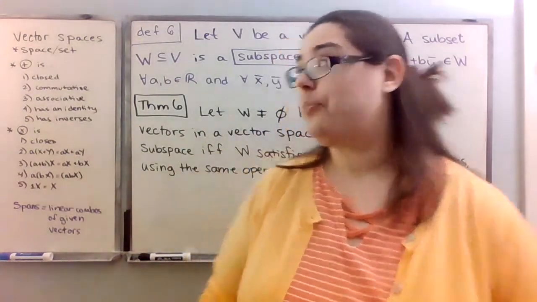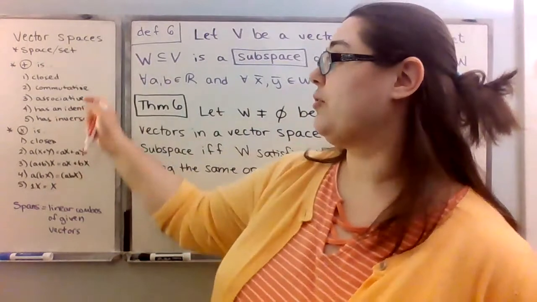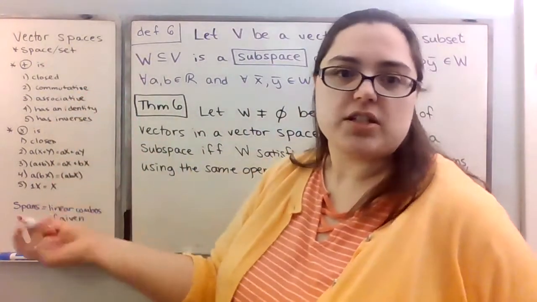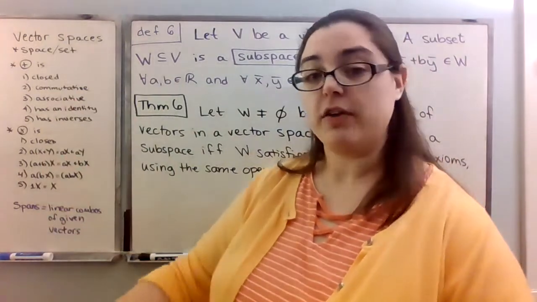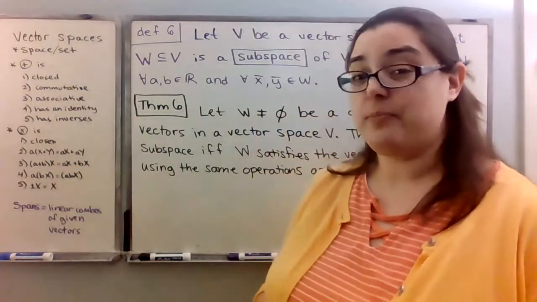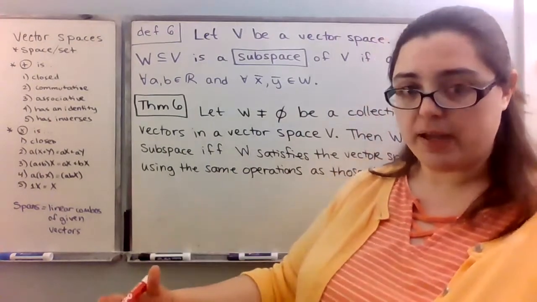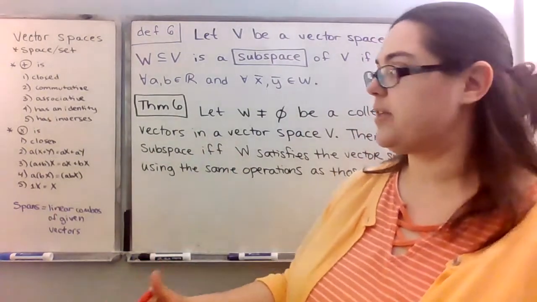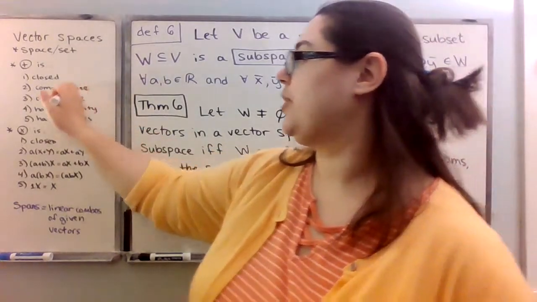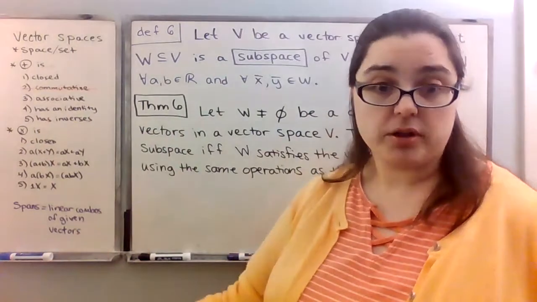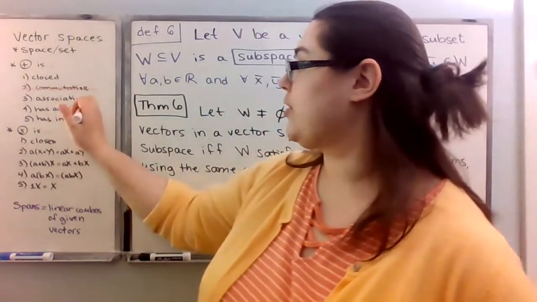For example, in V, we know that the addition is commutative, which means we know that the addition for W is going to be commutative because W lives in V. So if I'm checking to see if a space is a subspace of a given vector space, I don't have to check that it's commutative because we already know that by the nature that V is commutative. Same thing with associative.